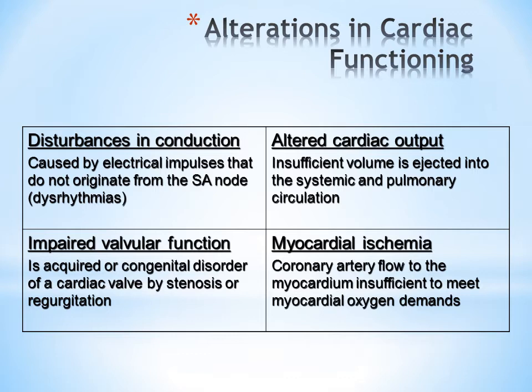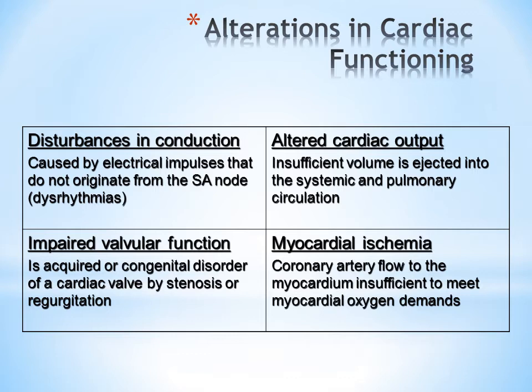Myocardial ischemia is a sudden decrease in coronary blood flow or an increase in myocardial oxygen demand without adequate coronary perfusion. Common results are angina, an MI, or acute coronary syndrome, ACS. ACS is different than angina.